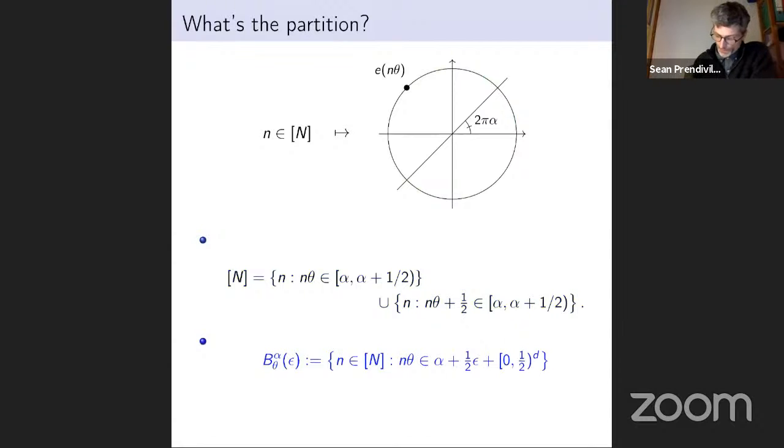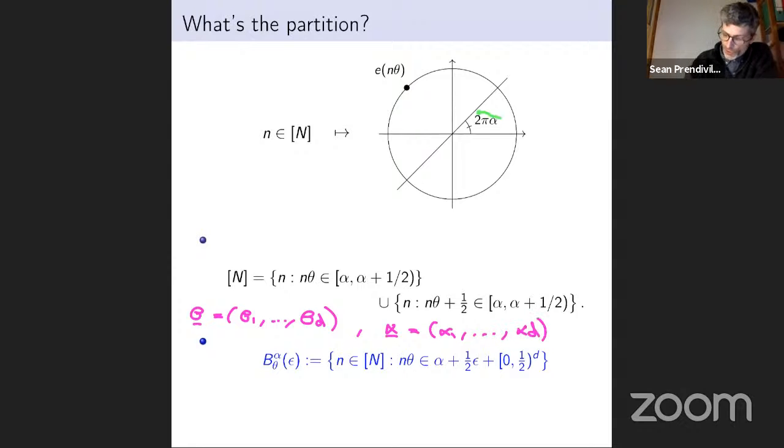So more generally, we're going to partition in what I'm going to call Bohr translates. So you fix a vector of frequencies, theta. So theta is some choice of frequencies, theta 1 up to theta d. That gives you d homomorphisms, okay? And you also fix a choice of angles, alpha 1 up to alpha d.